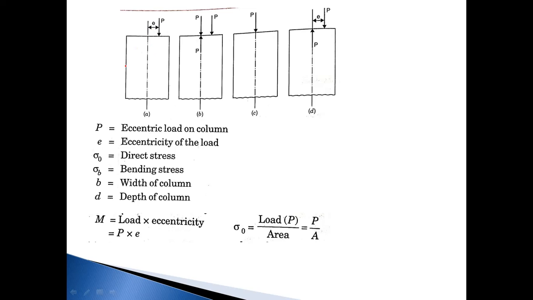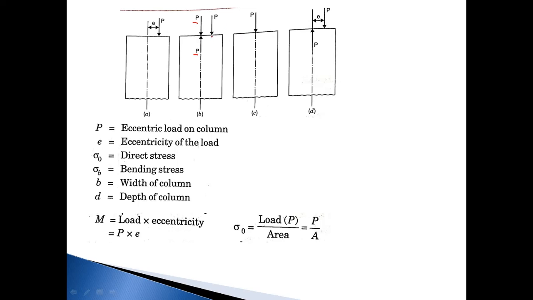Now to simplify, apply a P force upward and downward at the CG. The effect of these P forces on the section is null, because one P is downward and the other is upward.